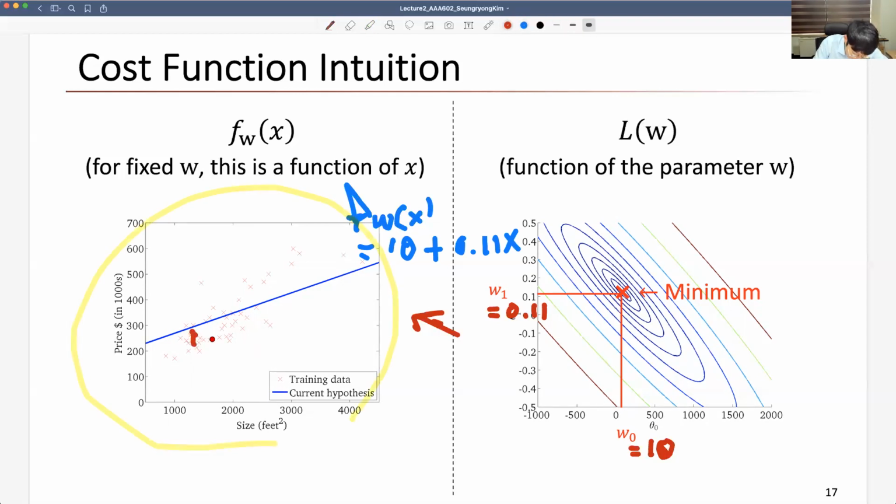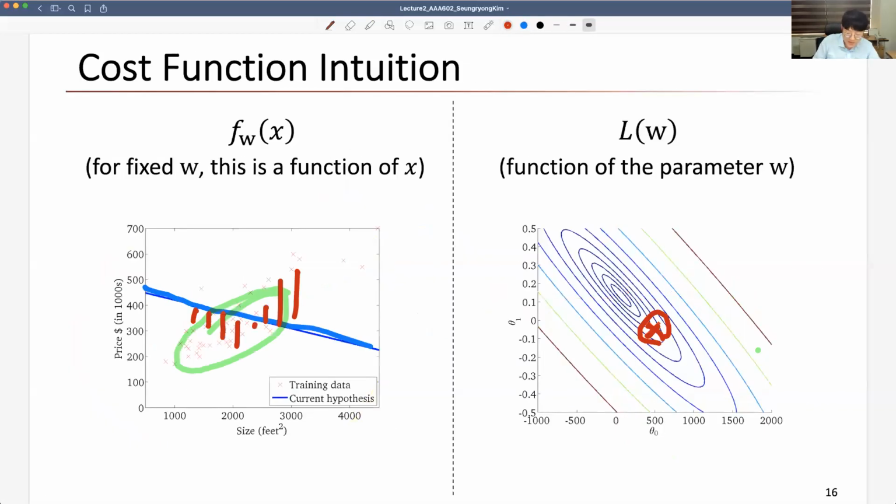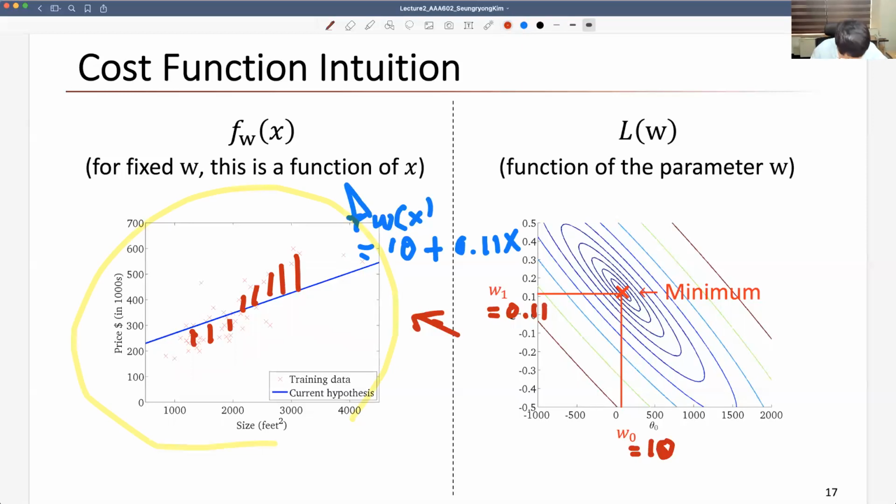So in this case, when we check this one, the errors with this straight line look like the minimum, right? Compared to the previous candidate. So as you can see here, we can say that this point is the minimum point, where W0 is equal to 10 and W1 is equal to 0.11.